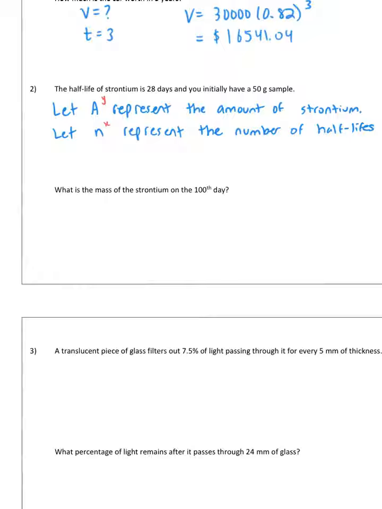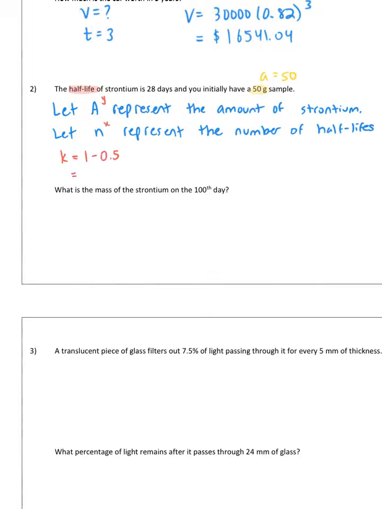So next, let's find our initial amount, A. We are told there are 50 grams. So that means A is 50. And half-life means you are decreasing by half. So you are losing 50% of what you started with. So K, you start at 1 or 100% and you lose 50%.